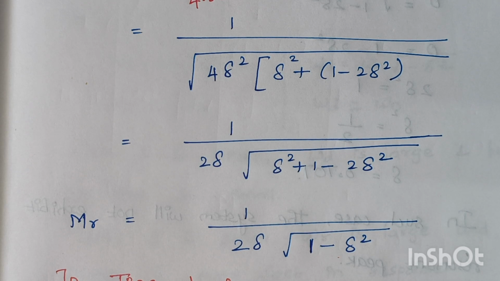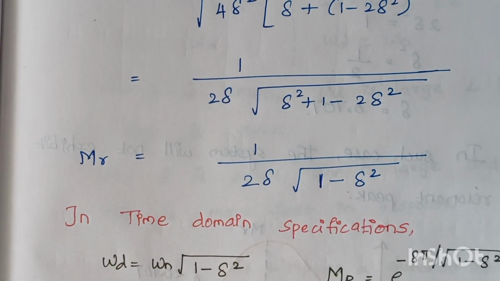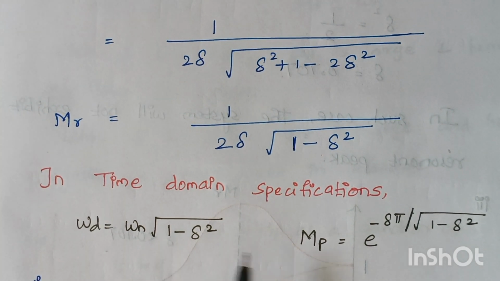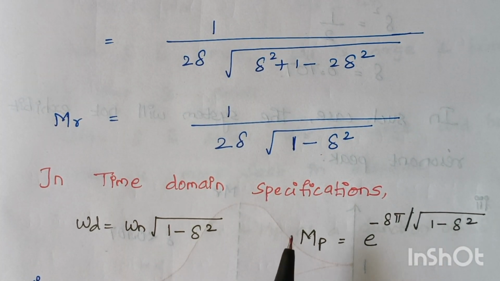Right. Now we are going to compare time domain specifications and frequency domain specifications, because we are going to find what relationship exists between these two. So in time domain specifications, this is the formula. Those who have any doubt, kindly go back and check this, right?